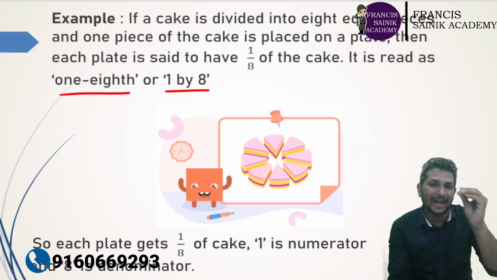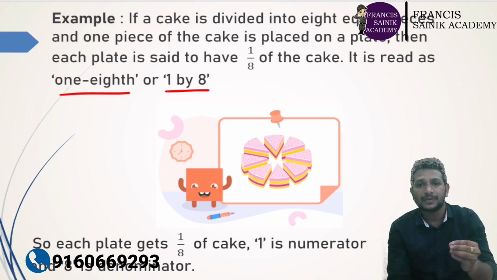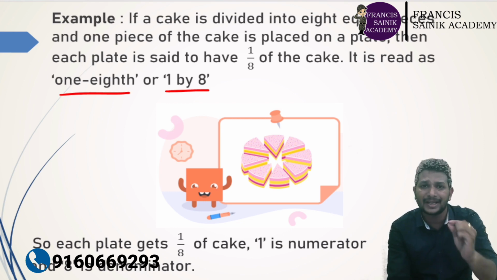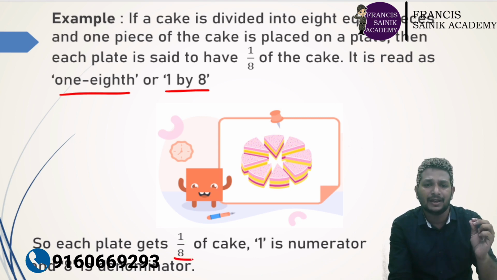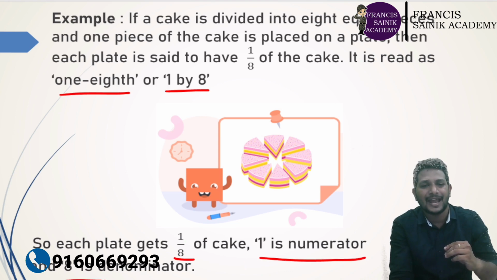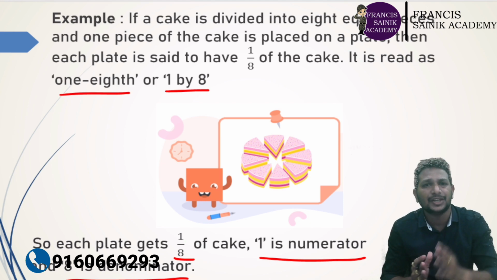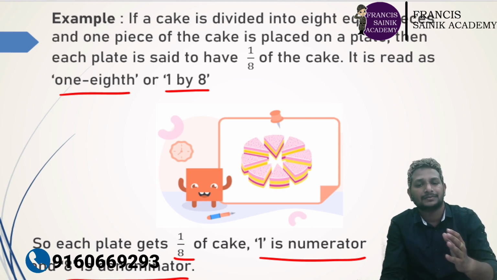The fractional part on each plate is only one piece, but we read this as 1 by 8. So each plate will get 1 by 8 of the cake. 1 is the numerator and 8 is the denominator.